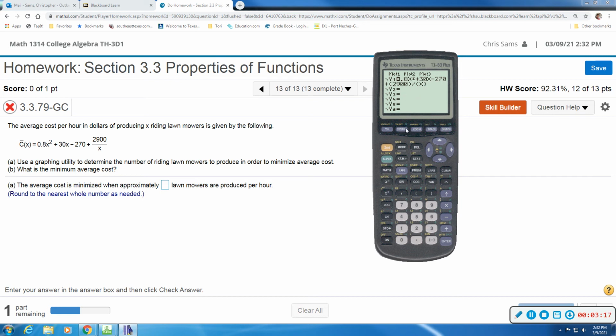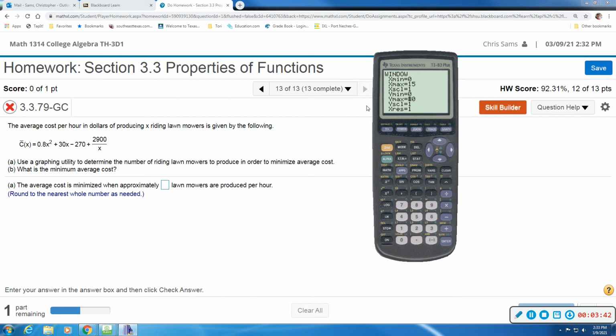Okay, so I'm going to go to window right here, the second button next to y equal. We're going to start at 0 because we don't need to produce negative lawnmowers. We're going to go up to, let's just say 15 here. And this X scale just means we're going to be counting by ones. All right, my Y minimum, we're going to let our cost be $0.